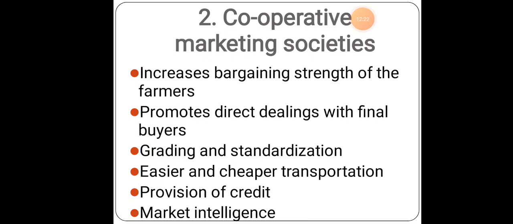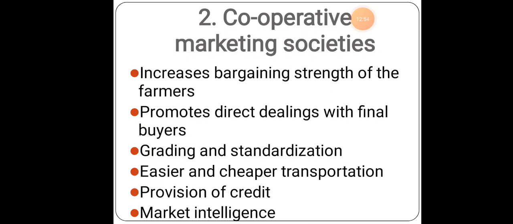In the same way, the cooperative marketing society provides easy and cheaper transportation. When you go alone, you need to pay 100. When you go together, you need to pay only 100 in total. So that is the normal thing. When you combine together, there will be a cheaper transportation facility. Next, provision of credit and market intelligence. When you go together, a particular individual might take a loan of 10 lakh rupees, and the interest will be divided among many people, no?